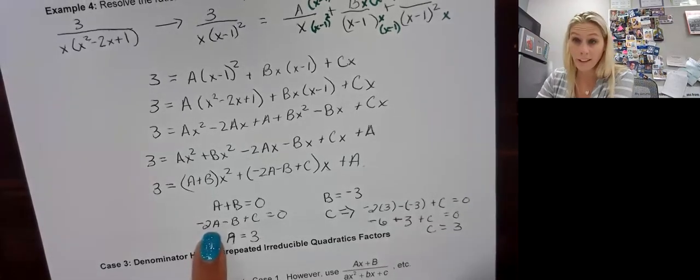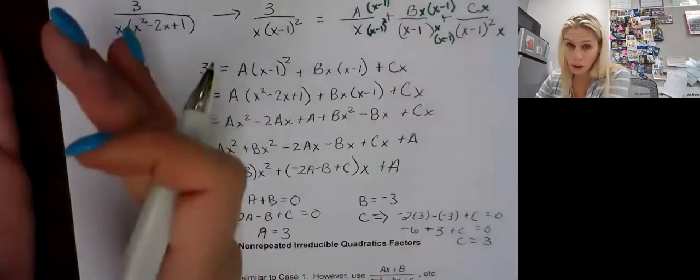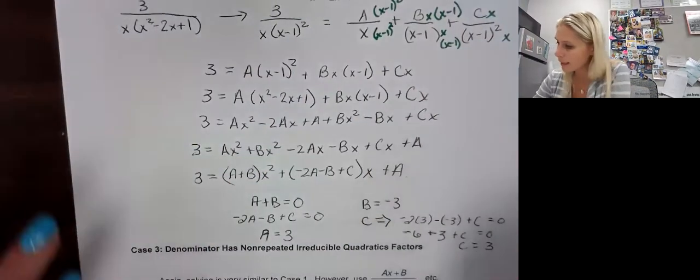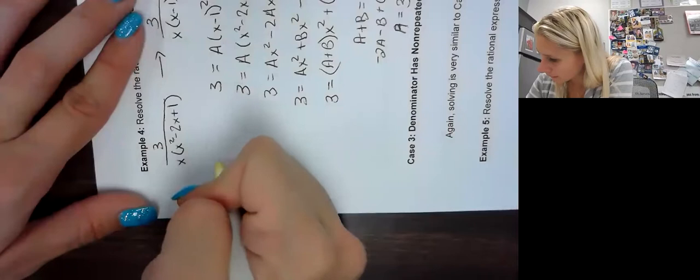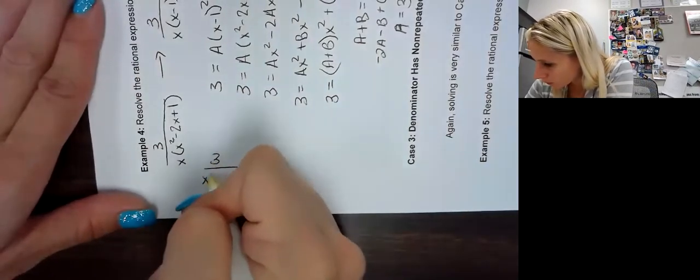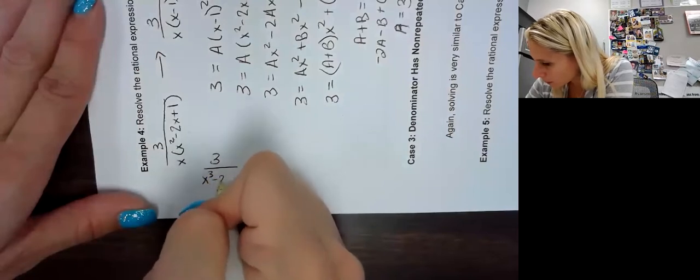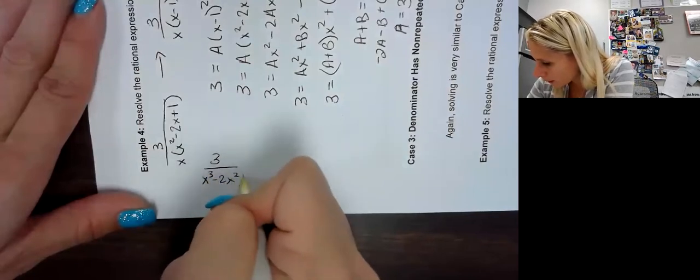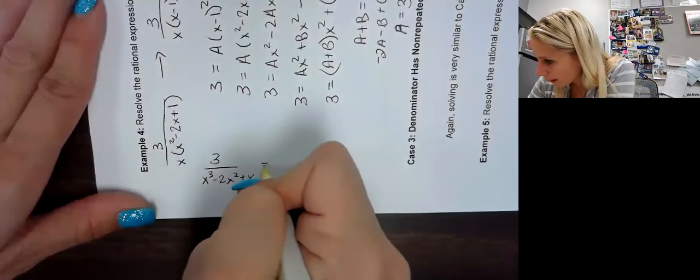Great. And of course, I left no room for my answer. Probably should have shifted this over and had my answer there. But you know what? I'm going to write it on the side so you guys can see. So we get 3 over, let's write the original problem down, which was x cubed minus 2x squared plus x. Now, what did we get?